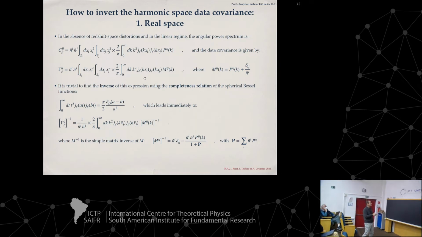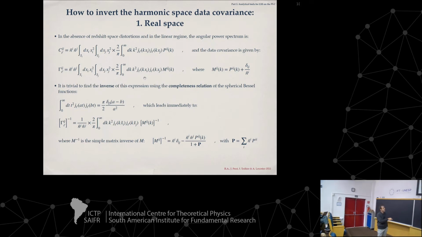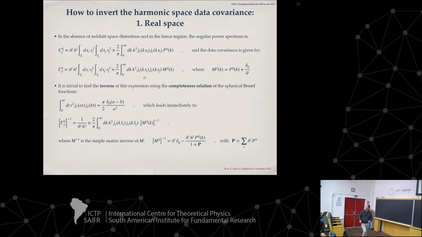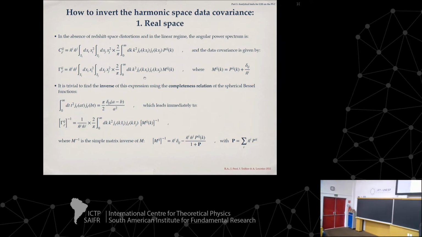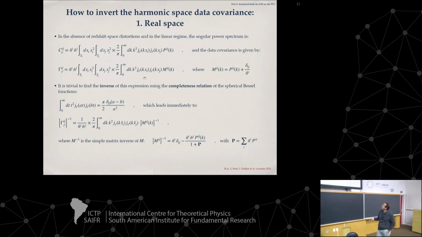So it turns out that the exact inverse of this expression is this expression there, where this is just the matrix inverse of that object M. So trivial to do, very simple. You can show that this is exactly what gives you the inverse. If you multiply that by that, you end up with something which is a Kronecker delta for the slices, which is exactly what you need.